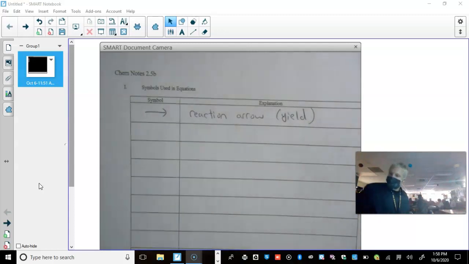All right, yeah, this is in the packet. So a reaction arrow just separates the reactants from the product.